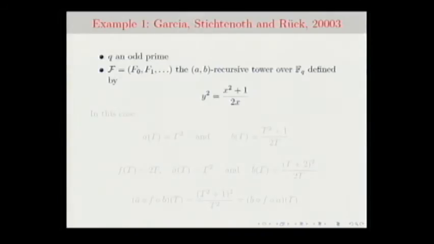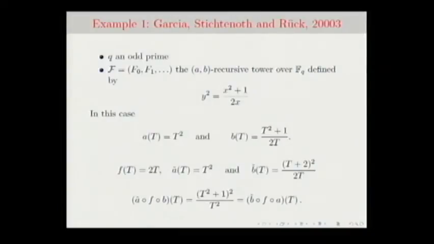So as examples of this method, the first example that I want to show is taking this tower that was studied by Garcia, Stichtenoth, and Rück in 2003. They proved that this tower is asymptotically good.